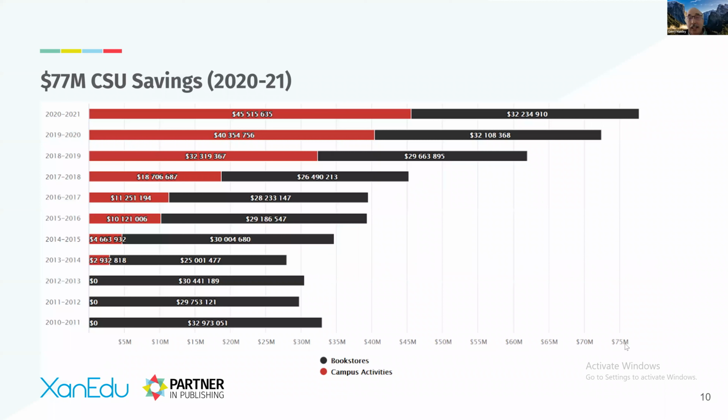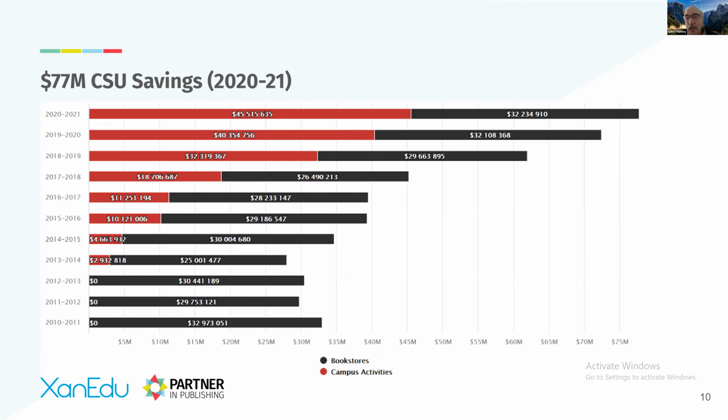All right. So in 2021, the Cal State system, through partnerships with a variety of open education resource strategies, library strategies, partnerships with commercial providers, and working with our bookstores, produced a $77 million savings for our students.